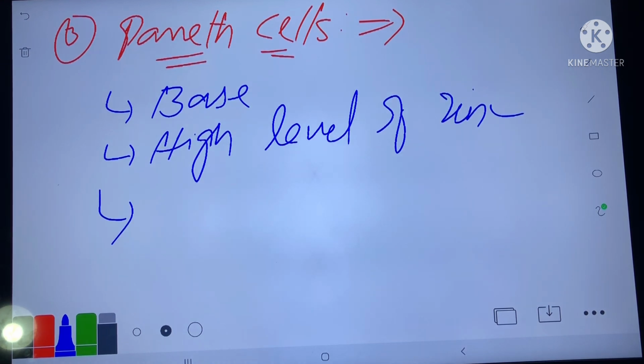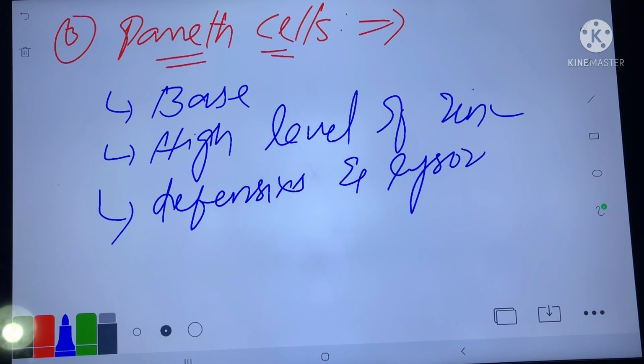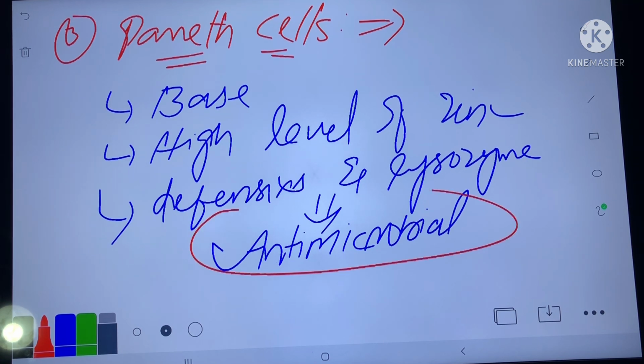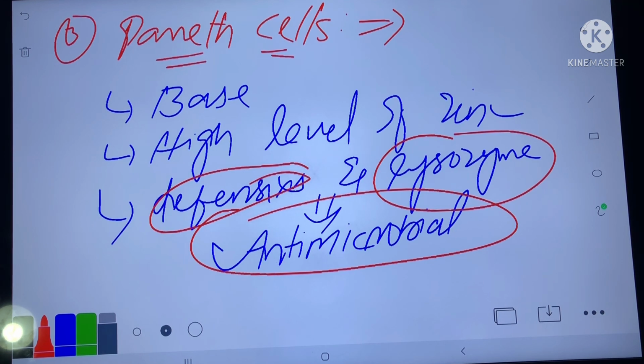And they also produce defensins and lysozymes, which are antimicrobial agents. So these also act as an immune system for the intestines, as they secrete defensins and lysozymes.